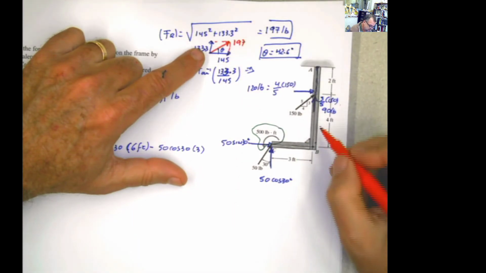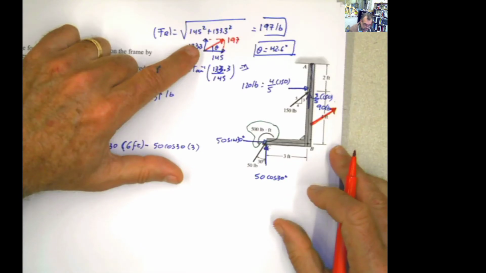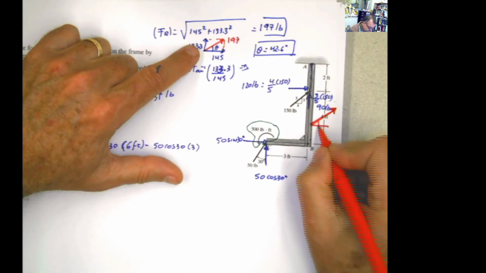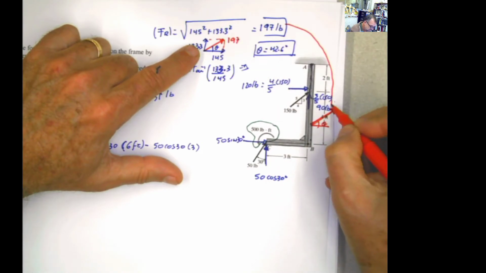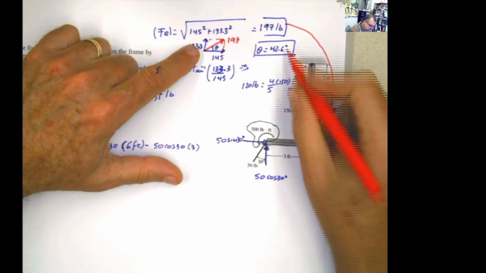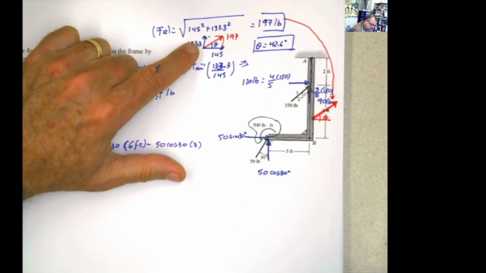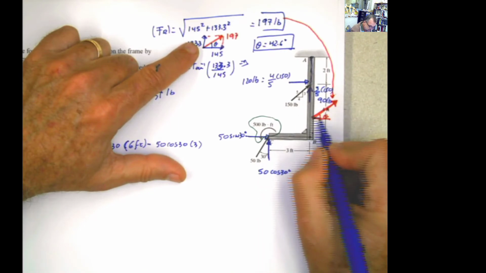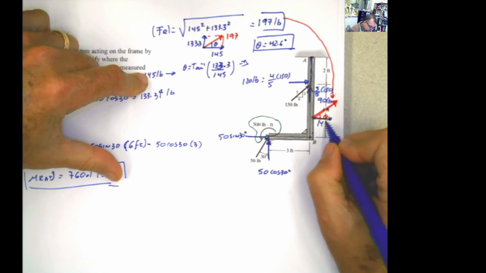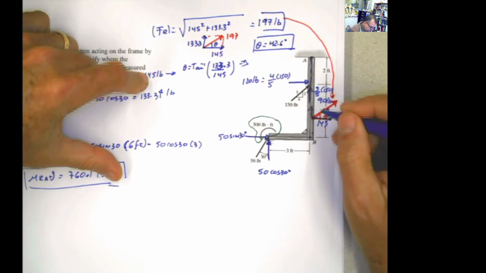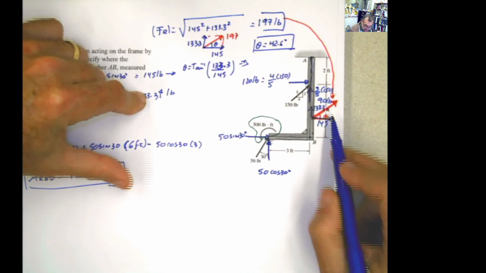So I have to apply a resultant force somewhere at this angle, and that value of the resultant force is 197. We calculated before, and the angle is that value. Now the thing is that this force that has this component of 145 and this component of 133 has to be applied at that point.